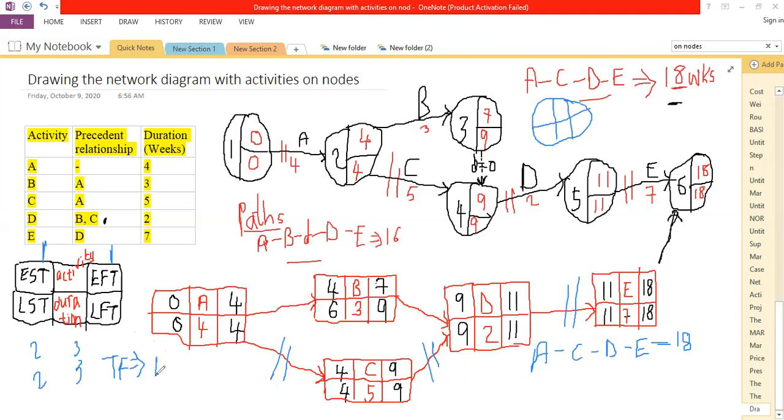We have a number of methods that we can use. Method one on how to get the total float of an activity: I can take this figure here, the latest start time, and subtract this figure upper here that we can call the earliest start time.